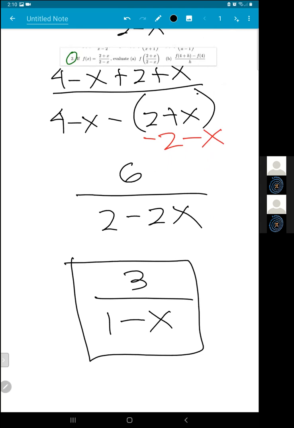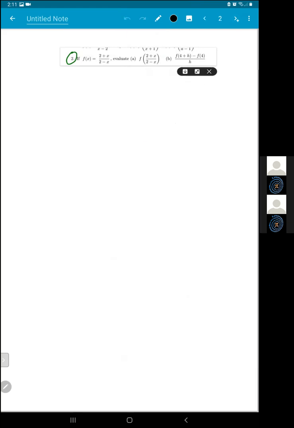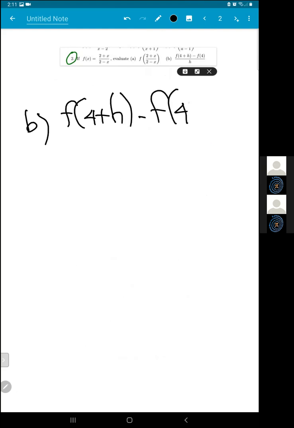Is there any question on this? Okay, so let's do letter B. For letter B, you are to evaluate f of 4 plus h minus f of 4 over h.